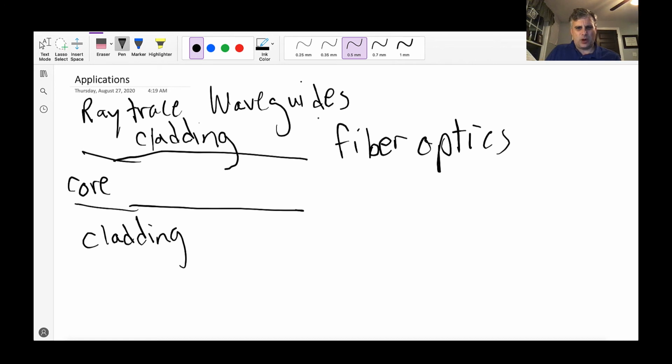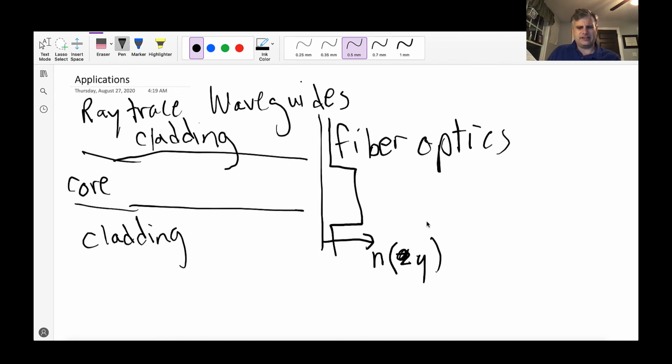You can have a stepwise profile where if you drag your measuring device and look at the index of refraction, you have a low index of refraction here, then a higher one when you get into the core, and then a low one again. So I've drawn a sideways graph with my index of refraction as a function of, in this case, let's call it y by convention.